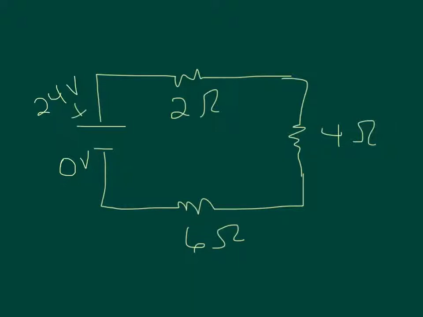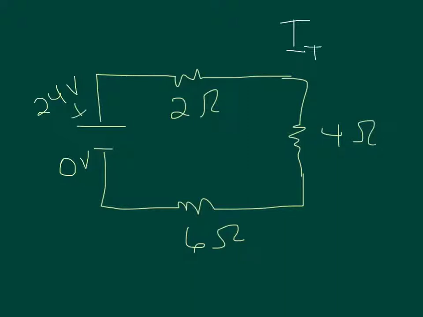So now what we're going to do is use that law, that wonderful law created by George Simon Ohm. Ohm's law, what a wonderful power that George Simon Ohm gave us. He allowed us to calculate one of V, I, and R as long as we knew the other 2. So I need to find out I total.